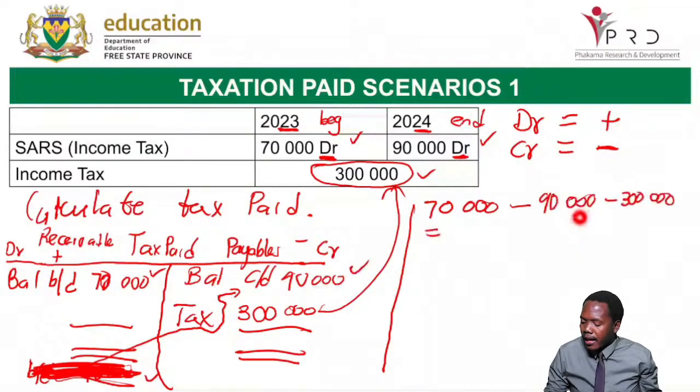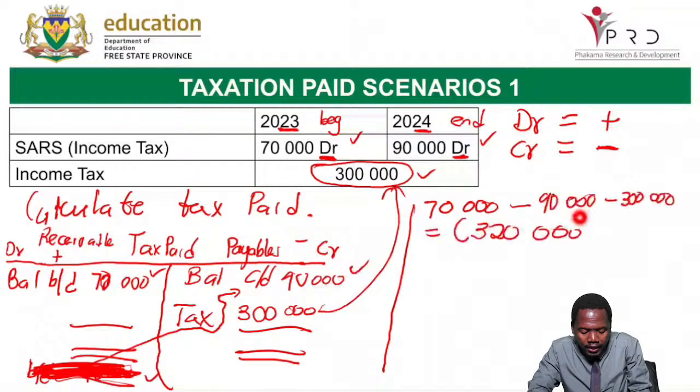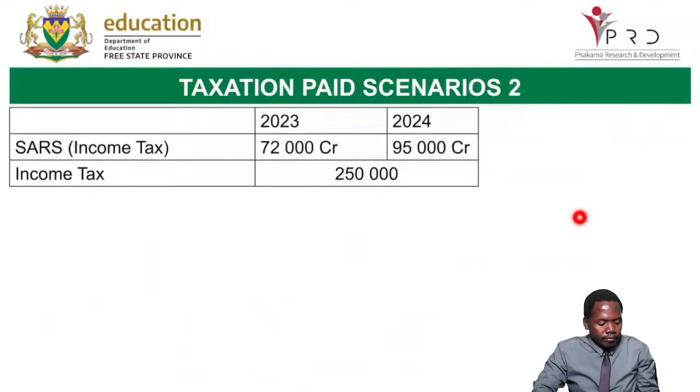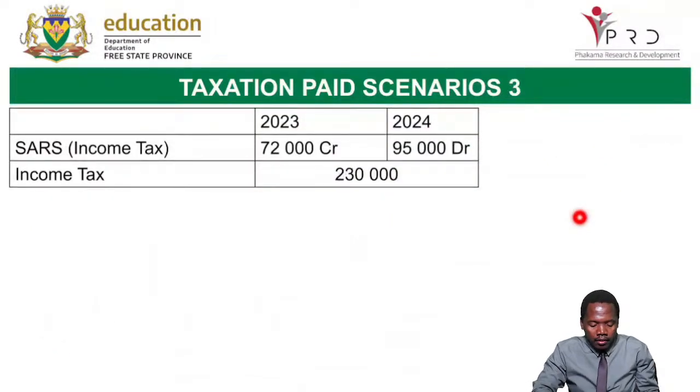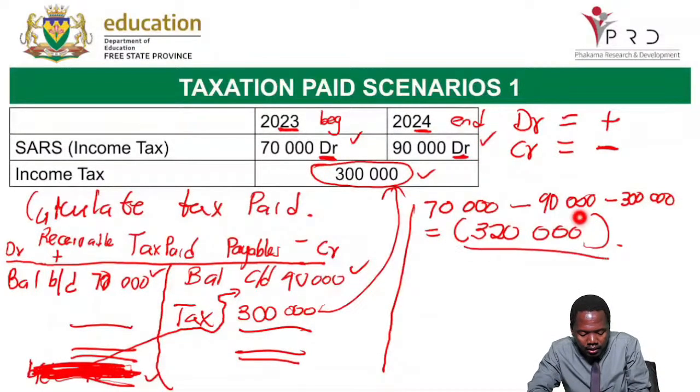Let us calculate together. 70,000 minus 90,000 minus 300,000. Our answer becomes an outflow of 320,000. Right? Now it's 320,000. So this is our tax paid.